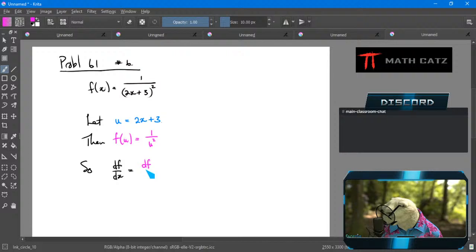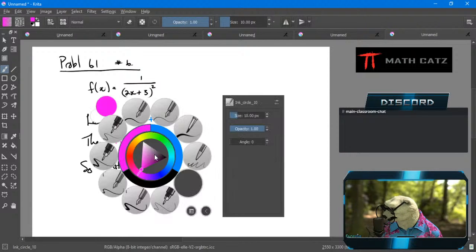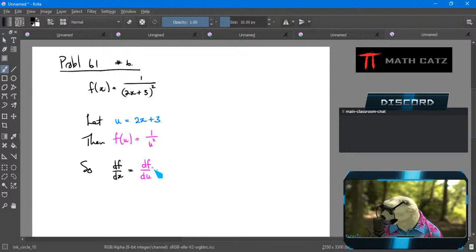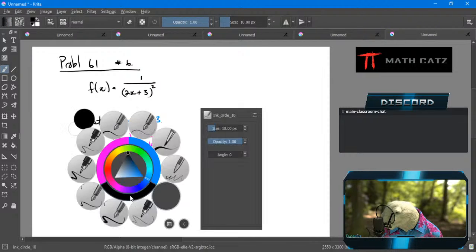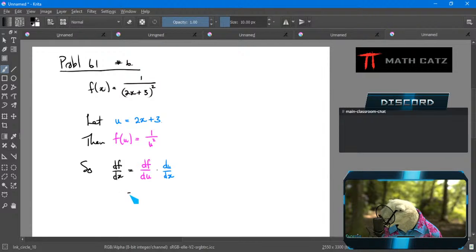Chain rule says take the derivative of the outside function times the derivative of the inside function with respect to its variable. All right, let's do it.